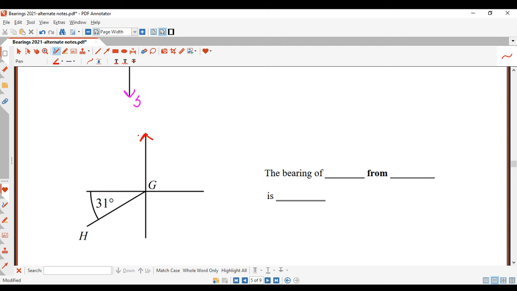This is north. This is south. This is east. This is west. Now we've got to describe this direction here.